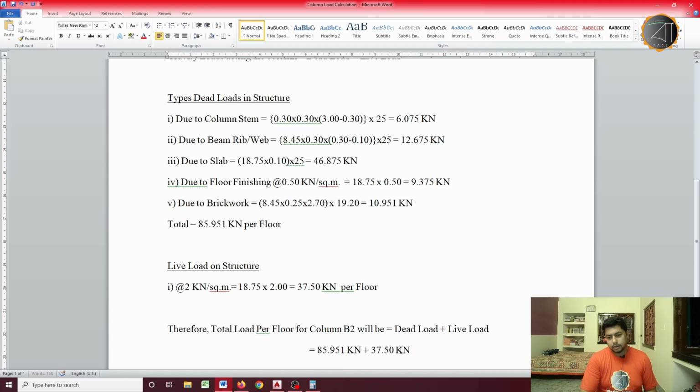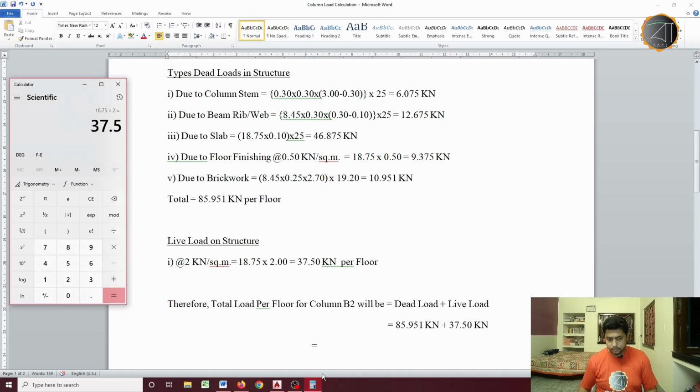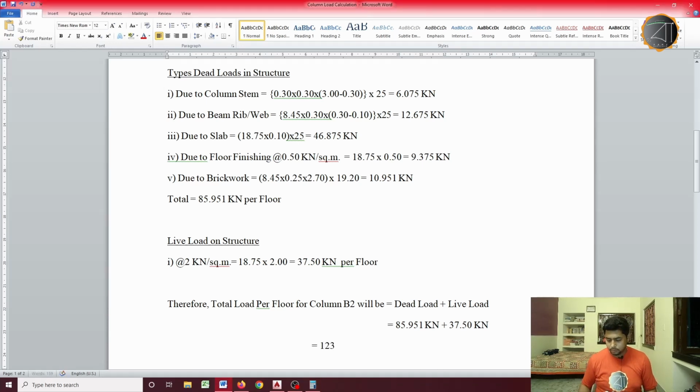So, the figure will come to 123.451 kilonewton.